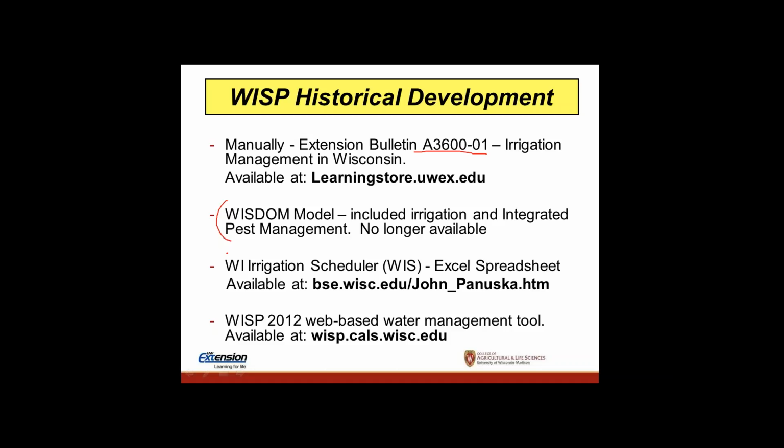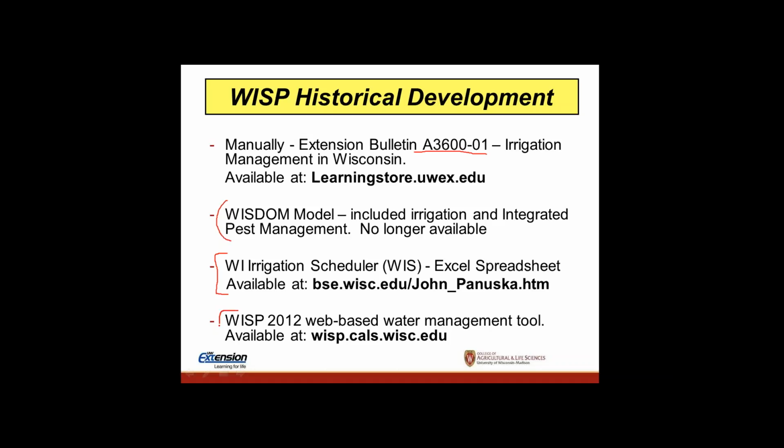You can also get Excel spreadsheets. They've been around for a number of years to help do some of the calculations we need to do when we're looking at water management of a field. The disadvantage is it's kind of a field at a time or a pivot at a time, and you have to enter all the data.